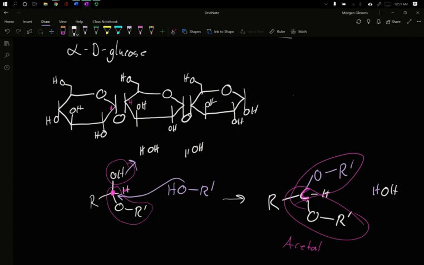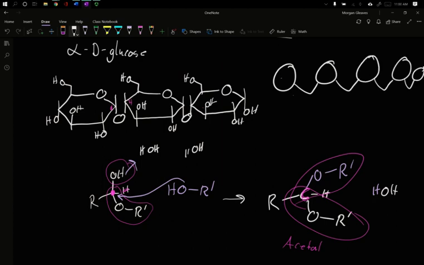You can chain these more than once. If you just have 2 rings together, it is a disaccharide. If you have 3 in a row, they are trisaccharides or oligosaccharides. And if you generically draw it here, do this many, many times, so sugar, oxygen link, sugar, if you were to do many of these, you have polysaccharides.